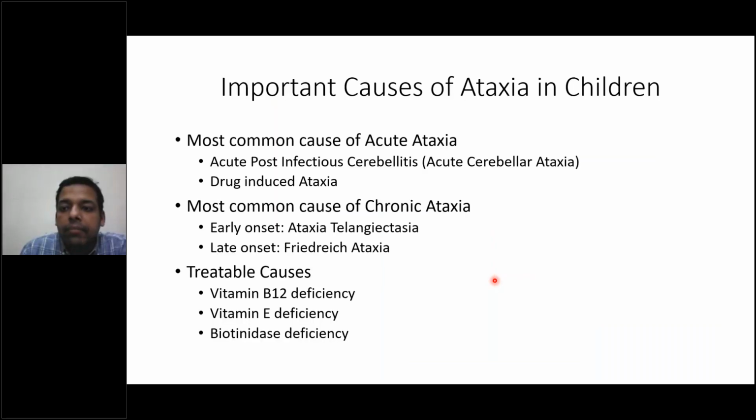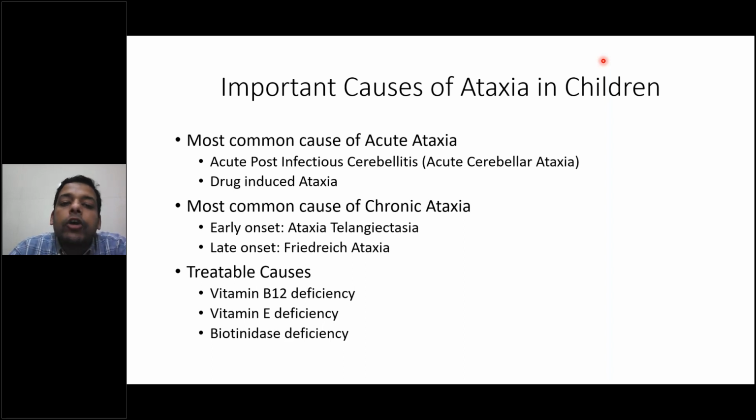Here, let us see some important causes of ataxia in children. The most common cause of acute ataxia is either acute post-infectious cerebellitis, which is also called acute cerebellar ataxia, or a drug toxicity or drug-induced ataxia, in which again most commonly phenytoin is the culprit.